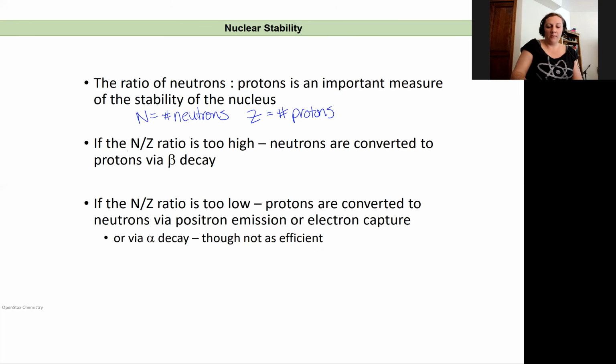So if our N to Z ratio is too high, so I have more neutrons than protons for what's ideal, then we're going to see our unstable nucleus decay to something more stable by converting our neutrons into protons. This will happen by beta decay, which we'll talk about some more in a bit.